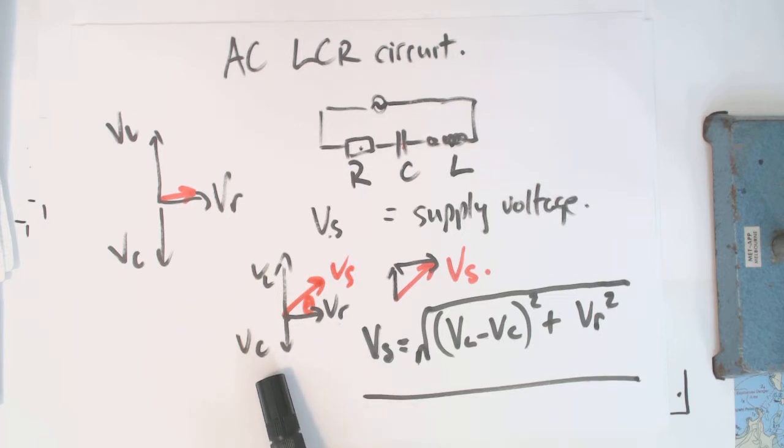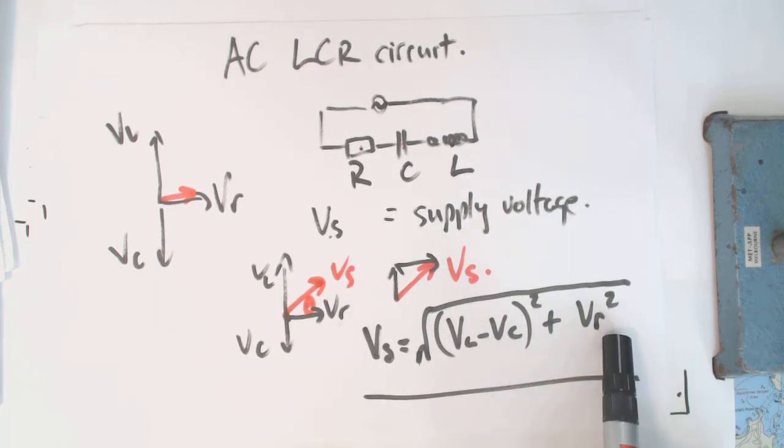And if the circuit is dominated by the capacitor, you get this negative phase angle down here. And if these VL and VC are equal, then these guys cancel out, and the only resistance you've got is the resistance from the resistor. Then Vs is in phase with the VR, and that would be called resonance.